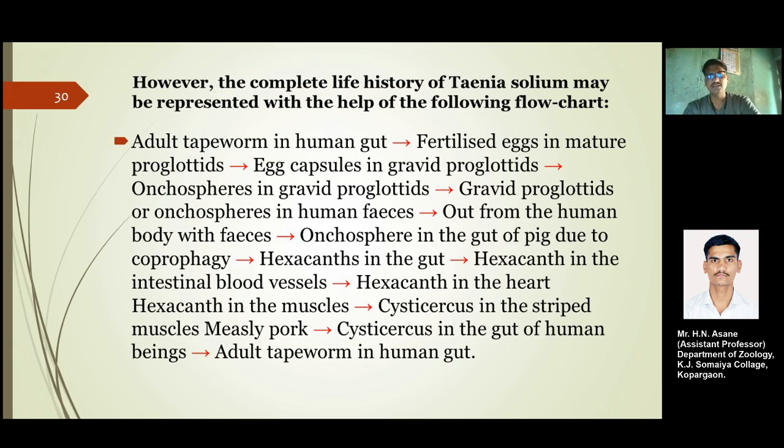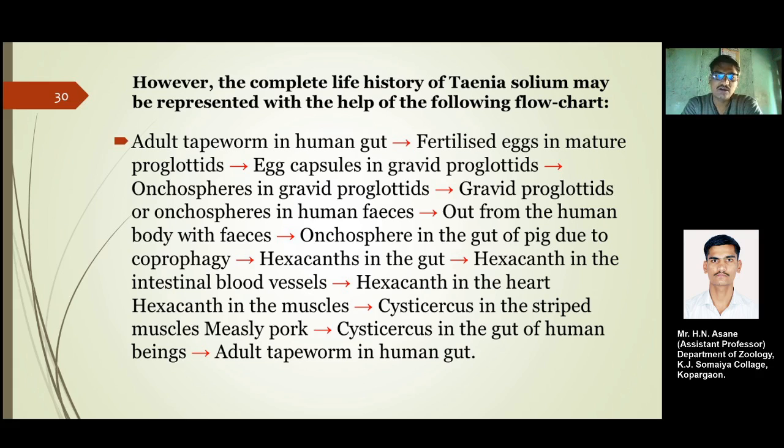Okay, and then with the blood circulation, it forms the cysticercus, the bladder worm. And that cysticercus in the striated muscle is going to invade and make a place in these muscles, into the measly pork. Okay, and that raw or undercooked pork is eaten by human beings.